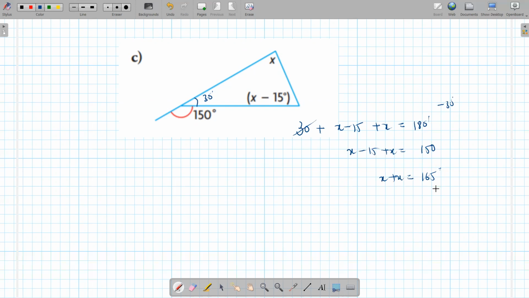I don't know. What does X plus X equal though? What does it evaluate to by itself? Do you just divide 165 by 2? Yes, X plus X is 2X. So X is going to be 165 over 2, 82.5 degrees.